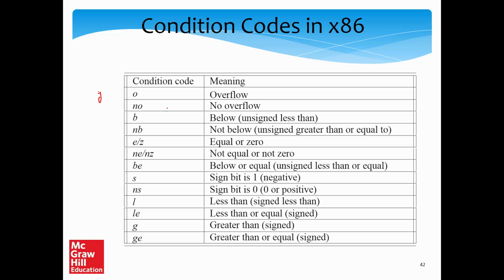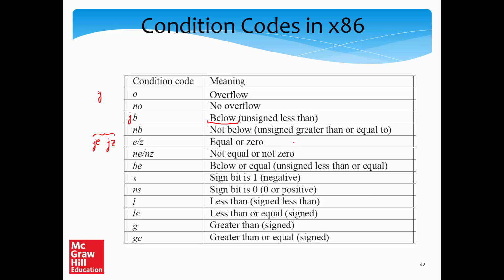So for unsigned less than, that is called below. So JB basically means jump if it's less than in an unsigned sense, and NB means not below. Then we have two conditions E and Z which are actually the same conditions, so they can be used interchangeably, no problem in that. JE and JZ mean that the last comparison or the last flag setting instruction should have resulted in an equality.